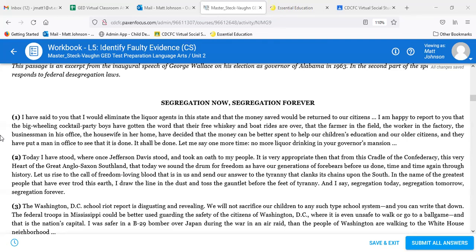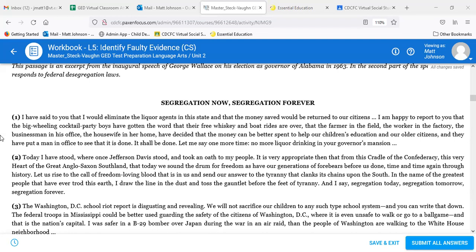Let us rise to the call of freedom-loving blood that is in us and send our answer to the tyranny that clanks its chains upon the South. In the name of the greatest people that have ever trod this earth, I draw the line in the dust and toss the gauntlet before the feet of tyranny. And I say segregation today, segregation tomorrow, segregation forever.